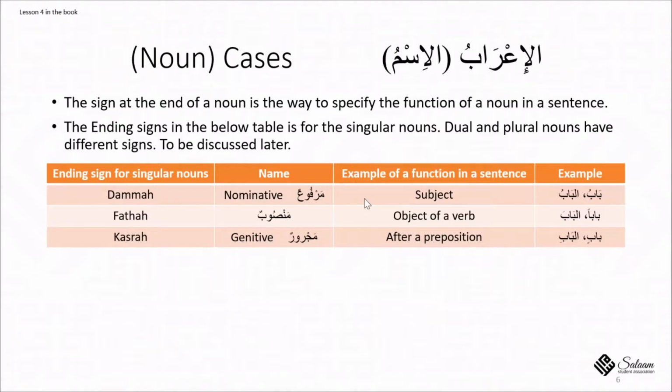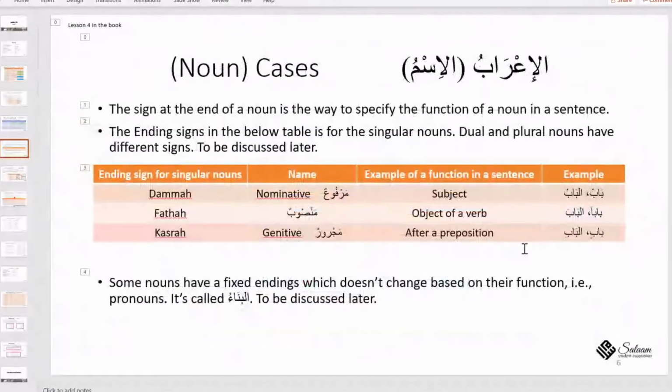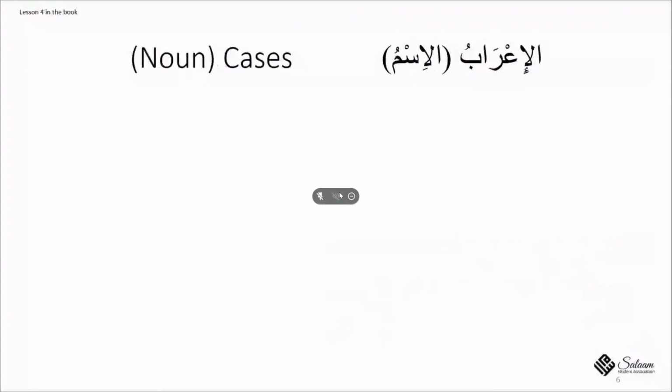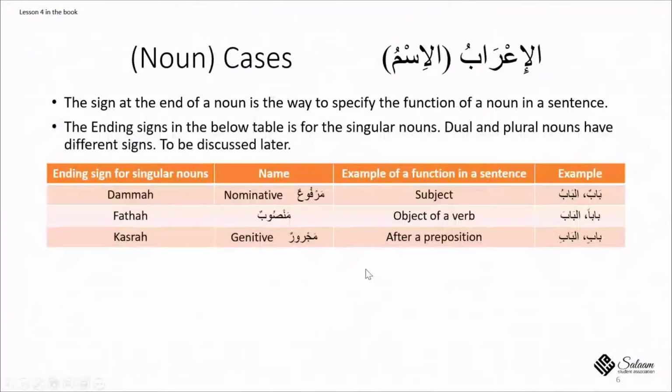Also, we're going to go to just an example of a function in a certain sentence that is marfu'a, or has a dhamma at the end, a subject. And it will be like that: babu or babun and al-babu. Marfu'un, let me put it this way.